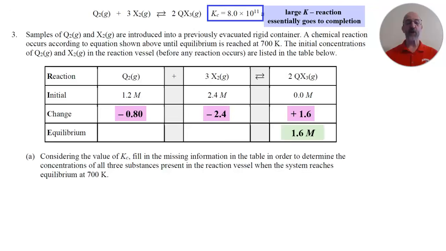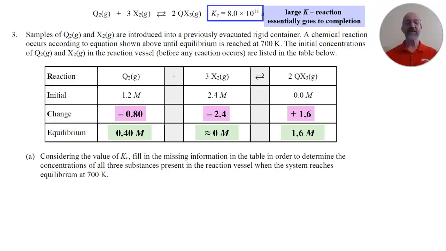So obviously 0 plus 1.6 is 1.6. 2.4 minus 2.4, that means that I have essentially a very, very small number for my amount or my concentration of X2 at equilibrium. And then 1.2 minus 0.8 is 0.4. So now what you're looking at in that final row of our RICE table is the answer to part A of question 3. Remember that it said, considering the value of K, which we did, K is a very large value, so the reaction essentially goes to completion.